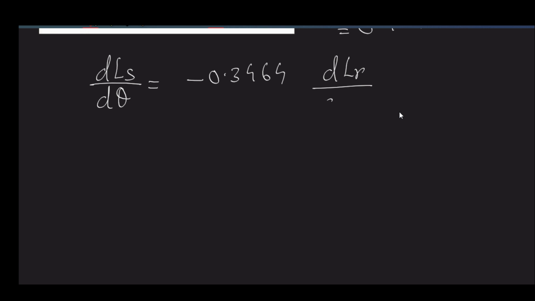Now we need to find out how these depend on the angular position. You can calculate this one, and the value will be 0.3464. dLR by d theta here is minus 0.52.